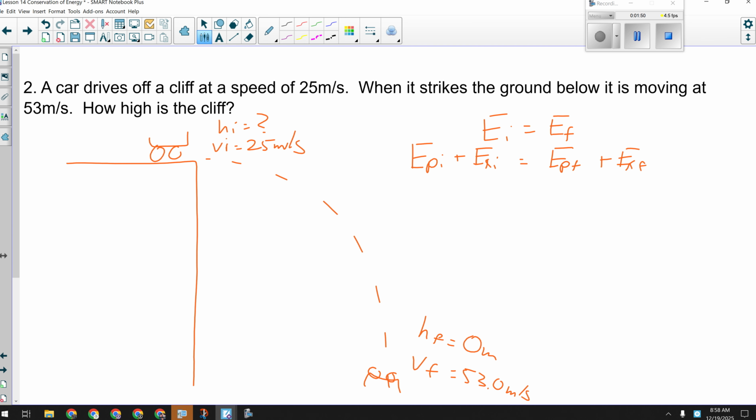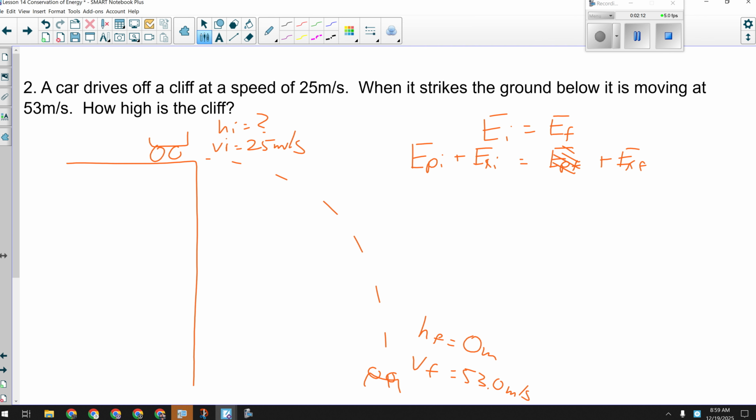Are any of those 0? Which one? Yeah, the height final. Because height final is 0, this is 0, because we have to multiply by height final in that one. So it has no potential energy final because its final position is ground level.